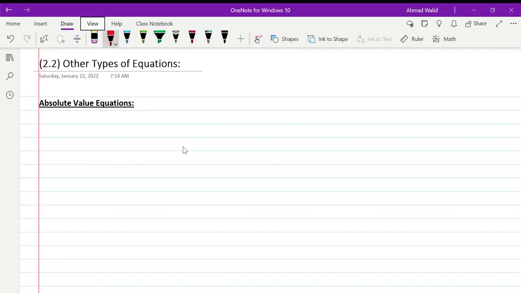To recall, we remember that the absolute value of a positive number, for example, the absolute value of positive 2 is 2, correct? And also the absolute value of negative 2 is also 2. In general, the definition of absolute value is that the absolute value of a number is the number without sign, correct?